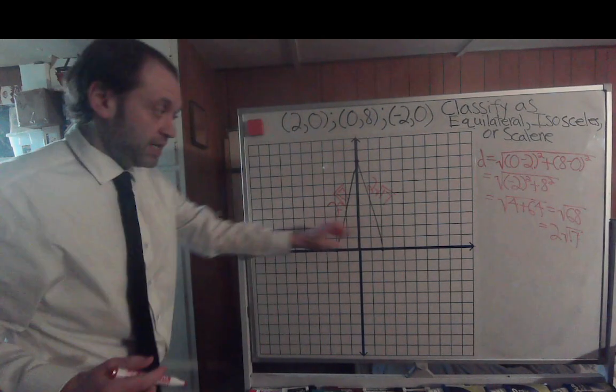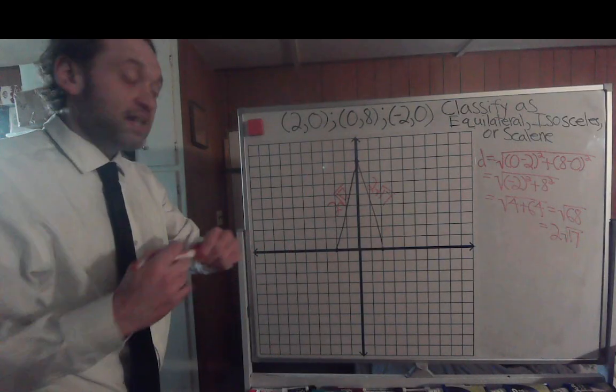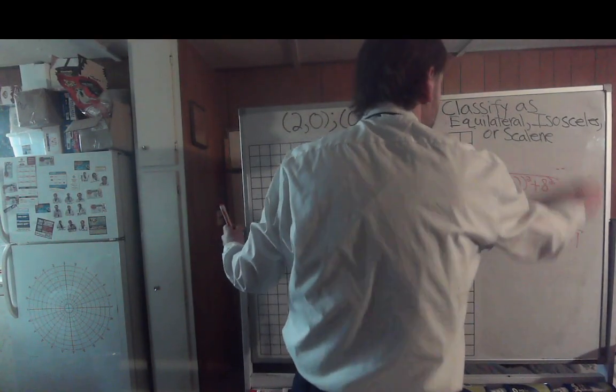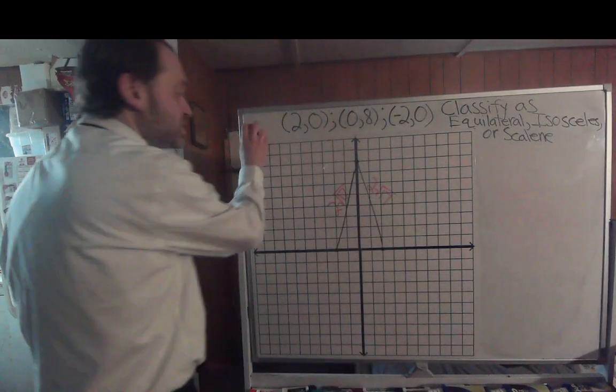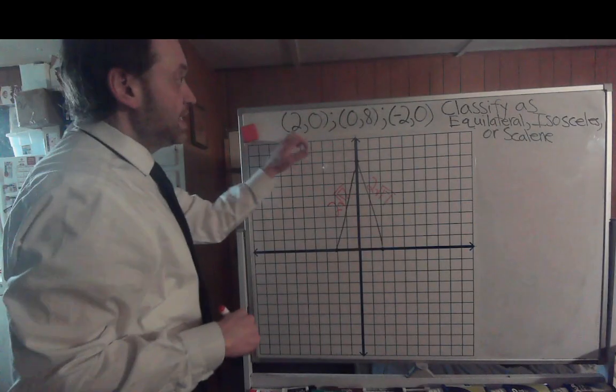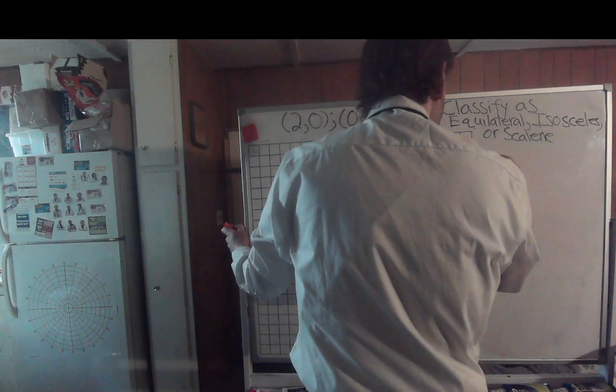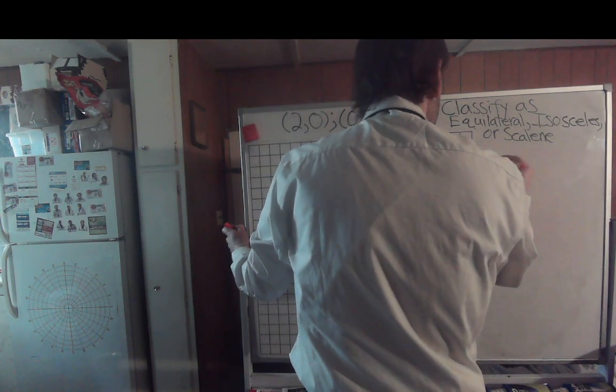Well, we have 2 equal sides so far, so it's definitely isosceles, but is this equilateral? We know it's not scalene because we have 2 equal sides. It's at least isosceles, but what about between negative 2, 0 and 2, 0? So let's find the distance of those 2 points.